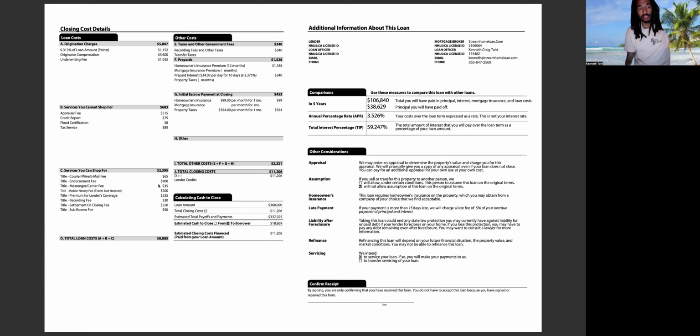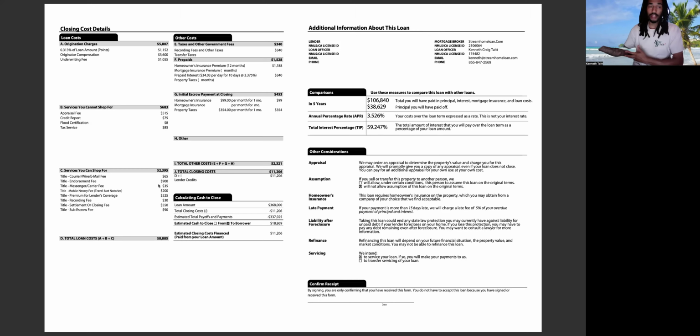Once the client signs this, that allows you to take the next step of ordering the appraisal. So let's say you do this on day one, they receive their loan estimate and their disclosures, and you move forward throughout the process. As you get closer to closing, as the loan approval is complete, you are going to request an updated settlement statement from escrow.